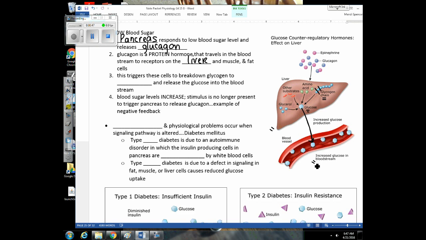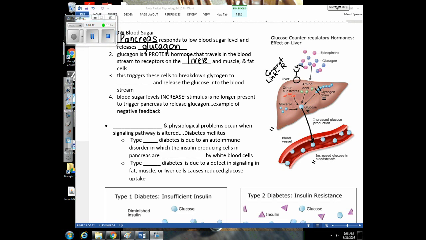Remember that these cells have these G protein-linked receptors, and whenever these signaling molecules bind to that, it's going to cause this signal transduction pathway to initiate. So eventually we get enzymes activated that can break up that glycogen. We just talked about that a couple pages ago.